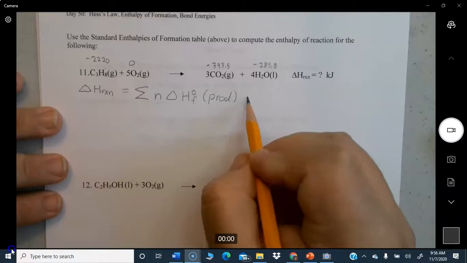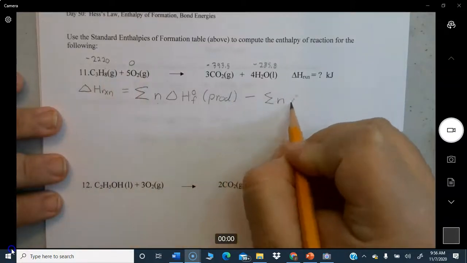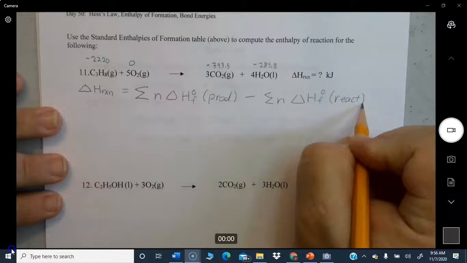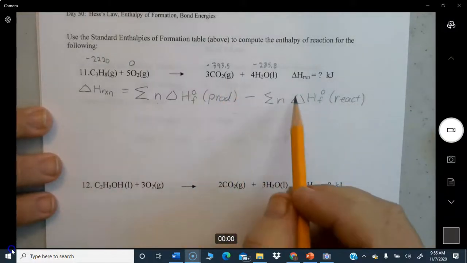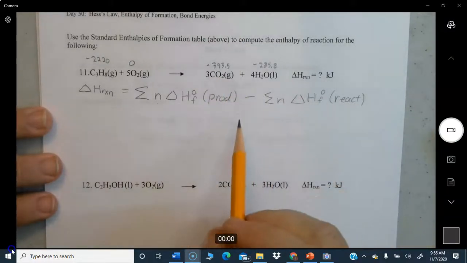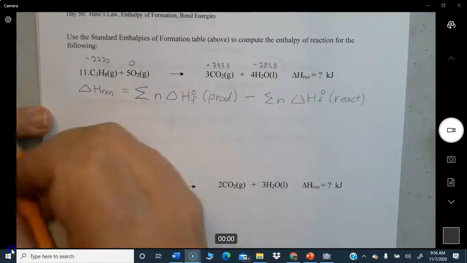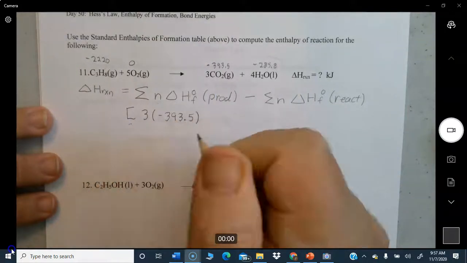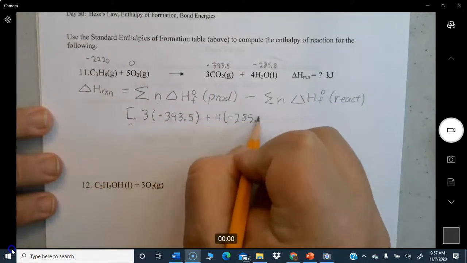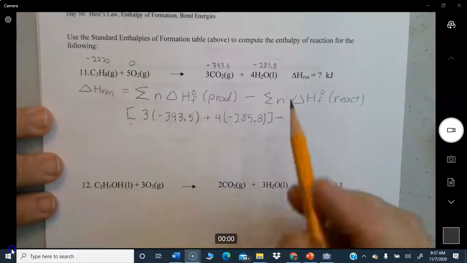Then you subtract from that the same thing from the reactant side. So subtract enthalpy of formation, number of moles you have to take into account, and the delta H. Basically everything here is going to come over to this side. So let's go ahead and do that. And then you have to take everything from the reactant side and put it over here.